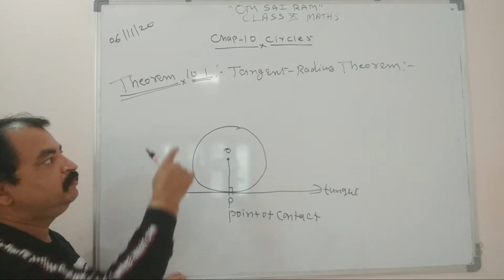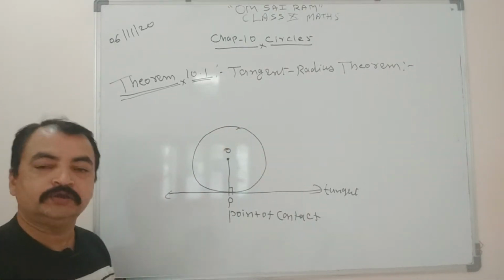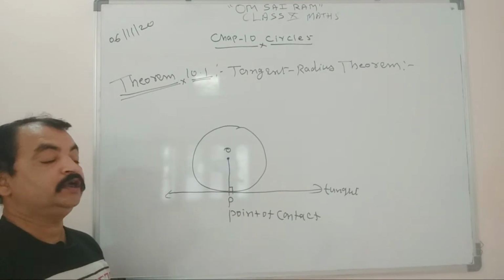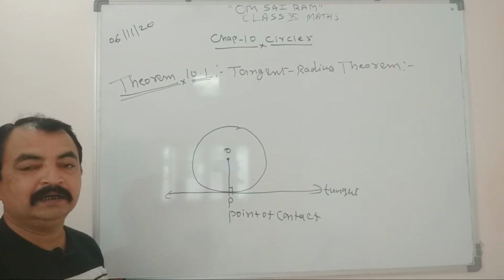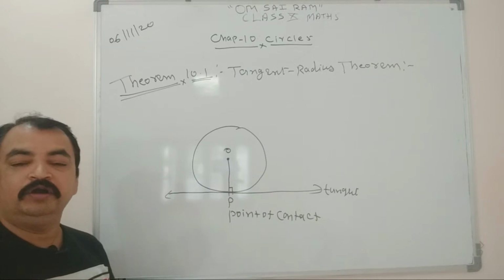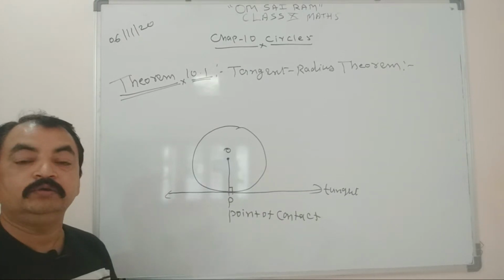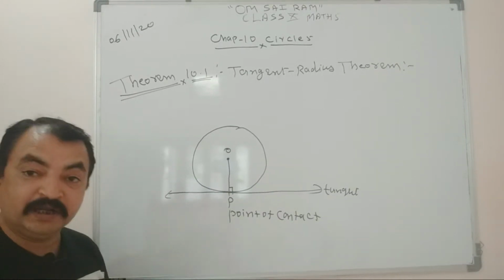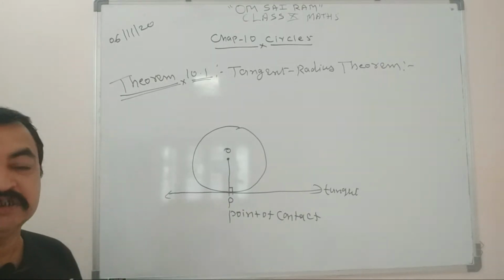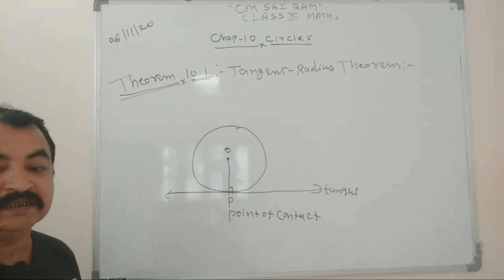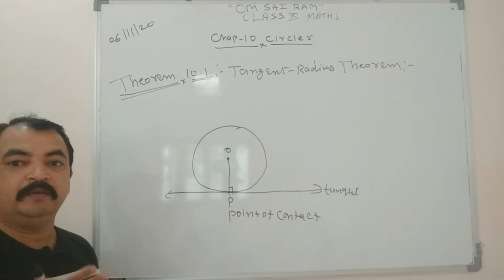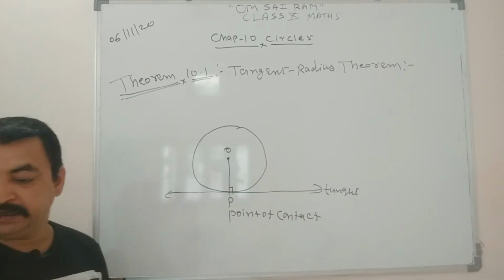Simply we write by tangent radius theorem. Okay, so the examiner will get the idea of what the child wants to say or express on the answer sheet, or which concept he is applying here. Right?